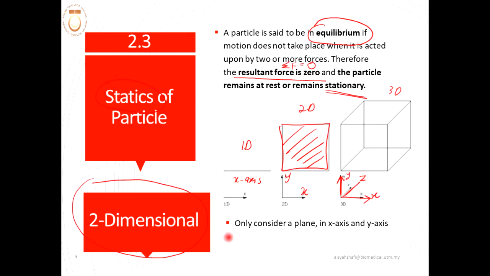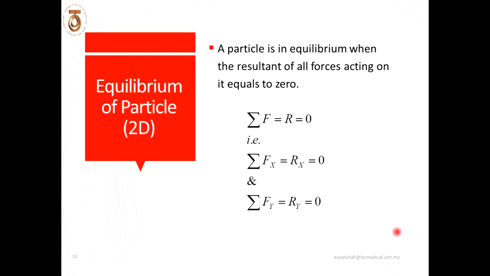So for this chapter we only consider forces in the plane. It considers the x-axis and y-axis only. So equilibrium of a particle, as I mentioned before, is when the resultant of all forces acting on it is equal to zero.